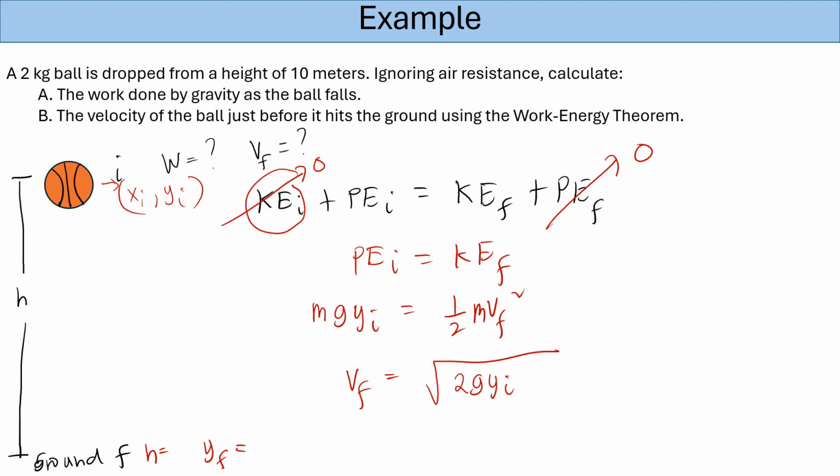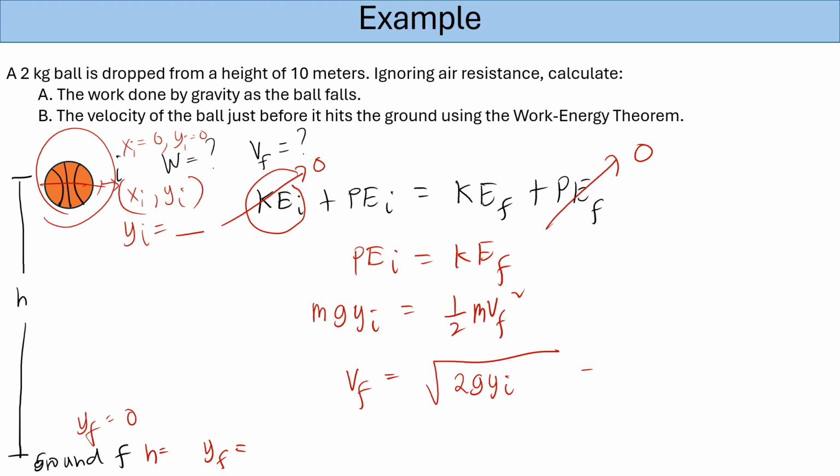I always take into consideration that in the initial part of motion, that is where my yi will have some certain value, and then your yf here will become 0. So my yi here is not 0, because I will not consider this now as my xi equals 0 and yi equals 0.